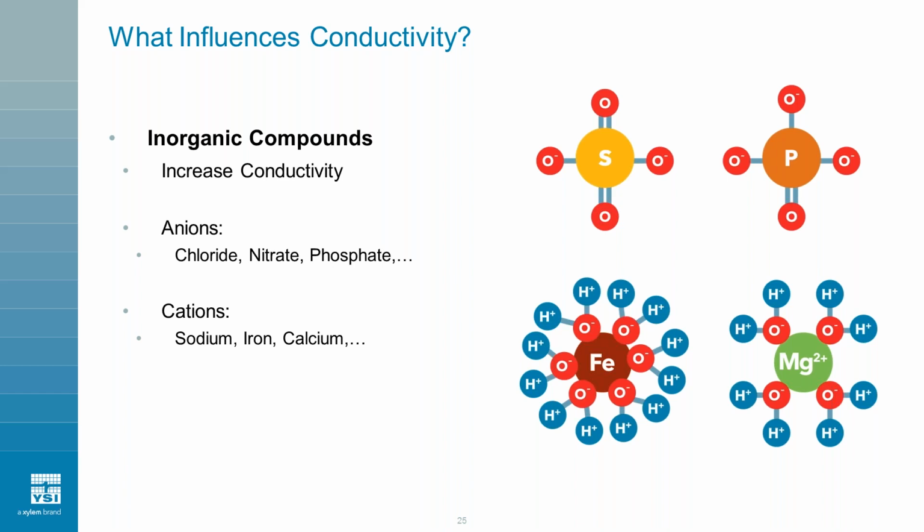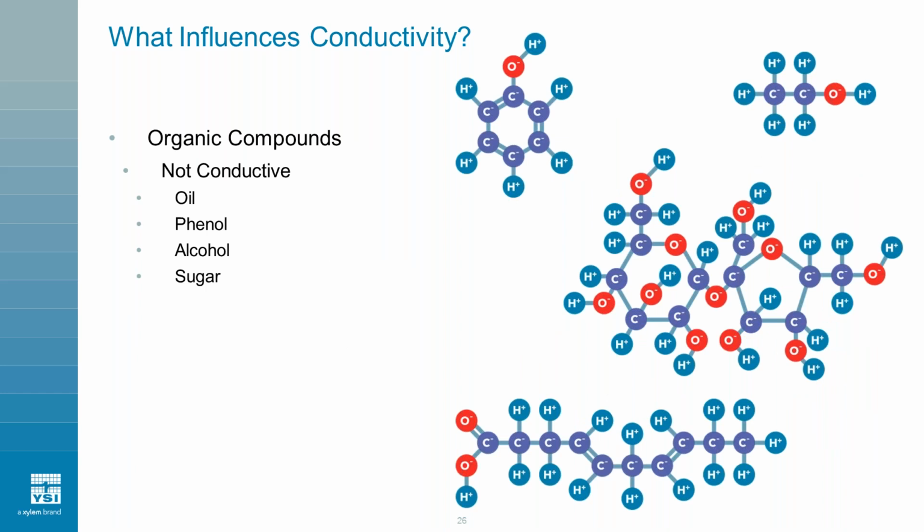If we are talking about inorganic compounds, these include anions such as chloride and nitrate, and cations such as sodium and iron. These will increase conductivity. Organic compounds, on the other hand, such as oil or sugar, do not conduct electric current, and in some cases can actually lower conductivity.